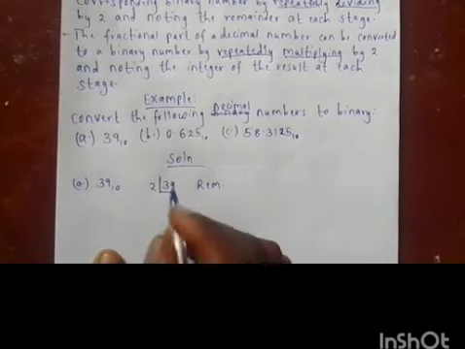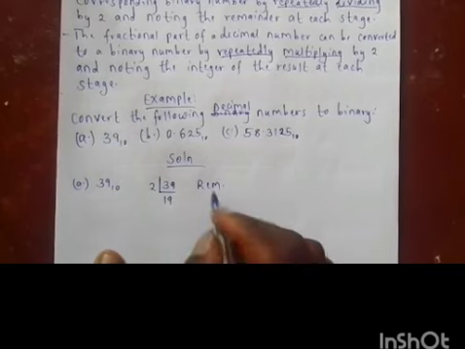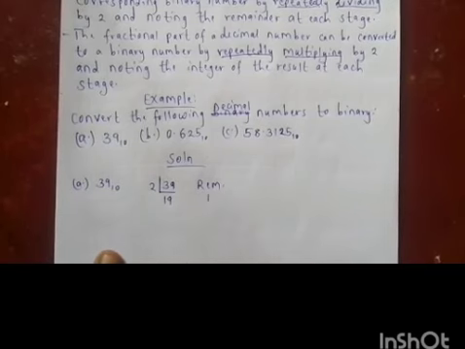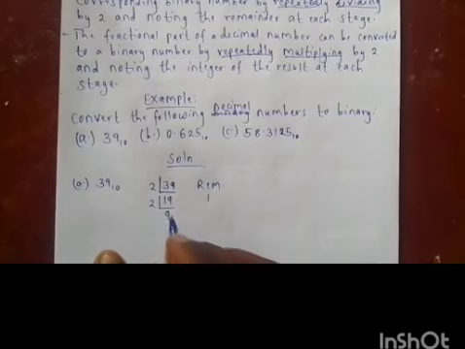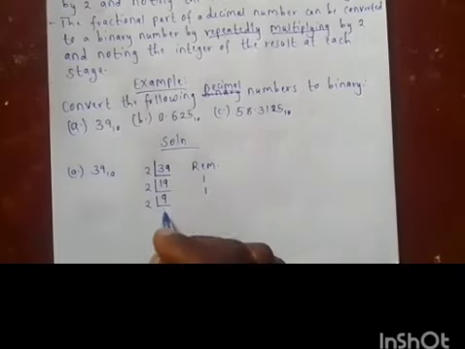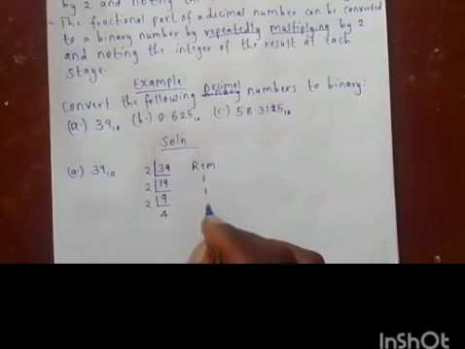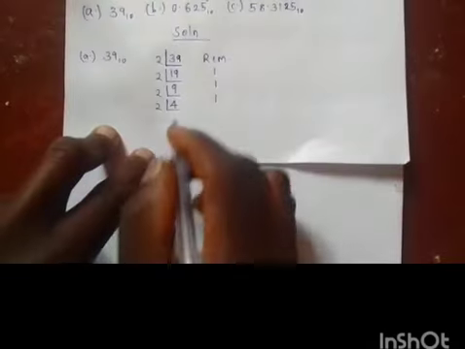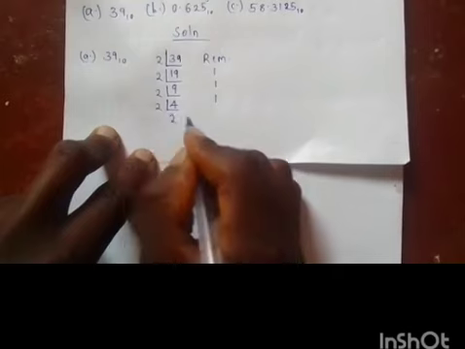We take 19, which is 38, the remainder is 1. We take 9, which is 18, the remainder is 1. We take 4, which is 8, and the remainder is 1. So here we take 2, and the remainder is 0.